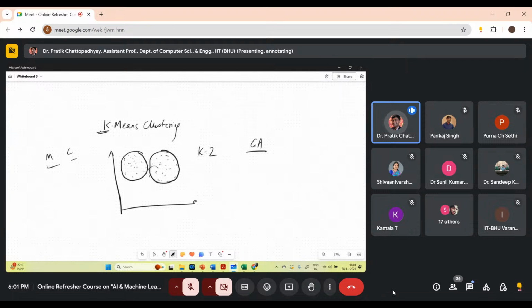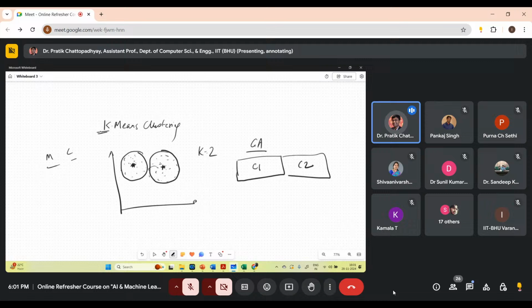In this case, I will encode the cluster centers as a chromosome. So if we have two clusters, we will encode the cluster centers as the chromosome. So this is cluster center 1, cluster center 2.